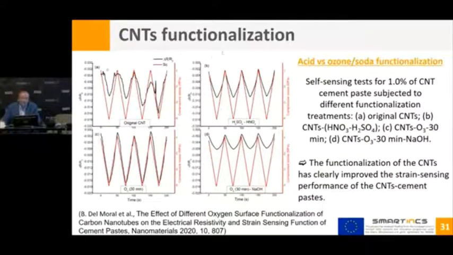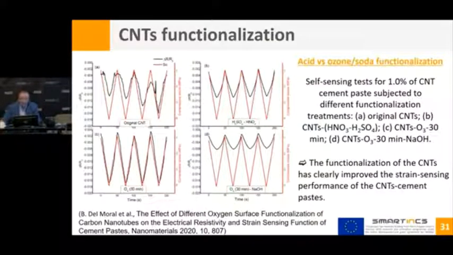And you have the response of the piezoresistive system in black, and as you can see, there is a drift of the baseline of the response of the sensor. And this drift is due to the poor quality of the dispersion of the carbon nanotubes.